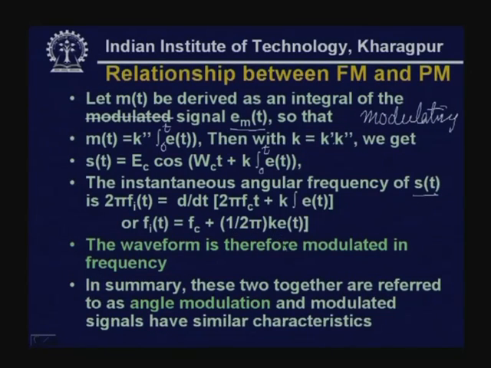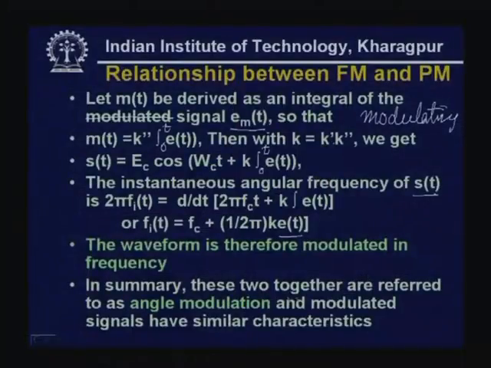So, we find that this waveform is therefore modulated in frequency, because here there is a presence of e(t), which varies in time. So, we find that the frequency deviation is taking place. So, whenever you do phase modulation, frequency modulation also takes place.